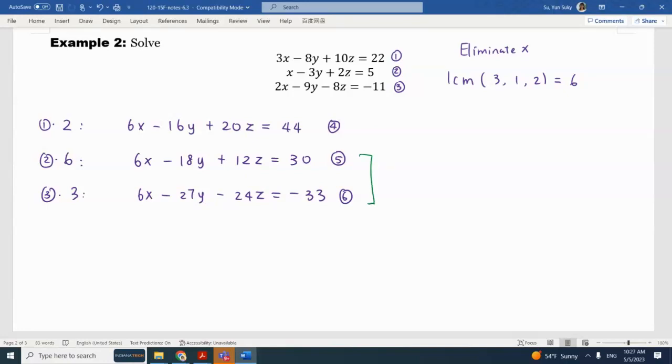Think about it. 6 minus 5 or 5 minus 6. Which one will give you a positive coefficient? 5 minus 6. Yes. Do you see a negative 18 and minus negative become plus? Okay. So we have 5 minus 6. What do you get, Ethan?